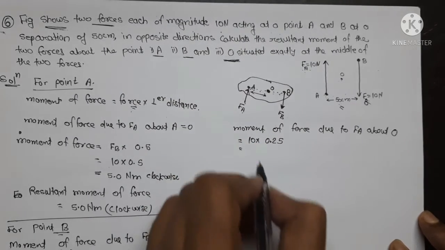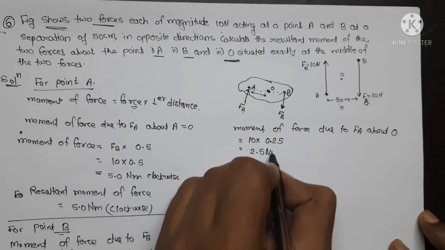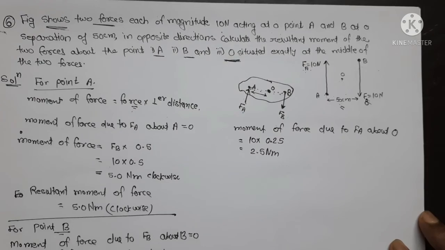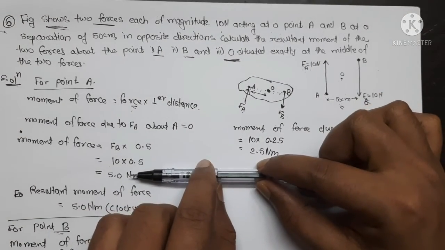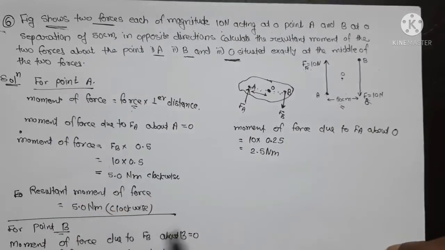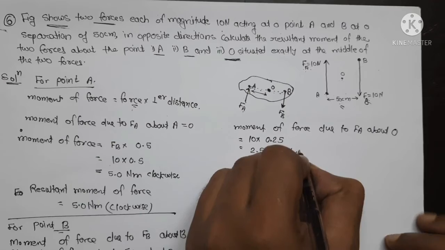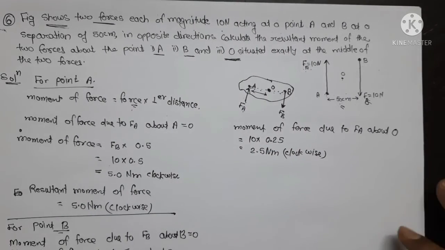So 10 into 0.25 is what? 2.5 Newton meter. So this is the point O, and the force is acting in the upward direction. So it will be again clockwise. Okay. So we'll write clockwise.